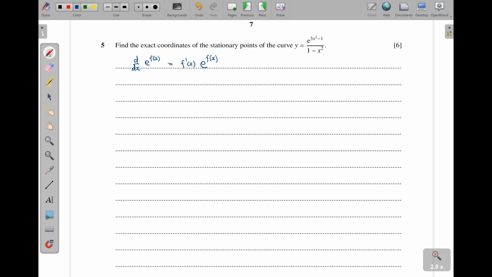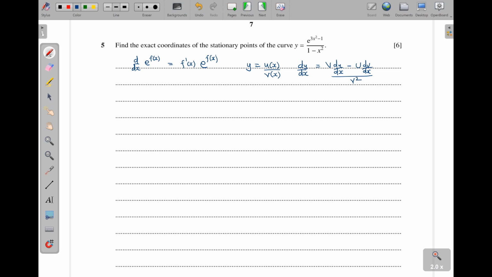Now, if y is equal to u, which is a function of x, over v, which is also a function of x, then dy/dx, this is the quotient rule, will be v du/dx minus u dv/dx, then we divide by v squared.